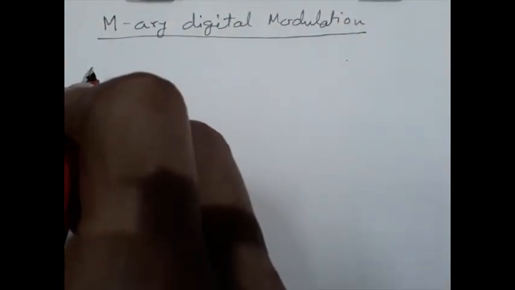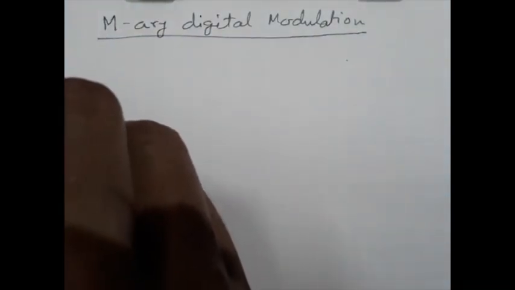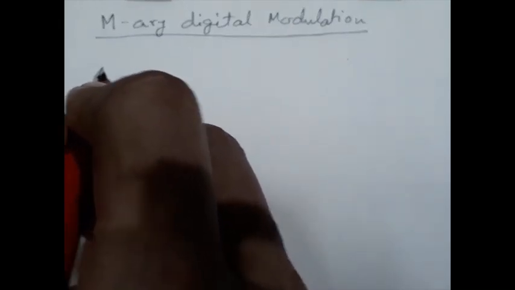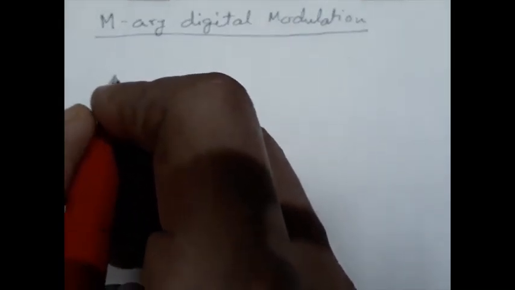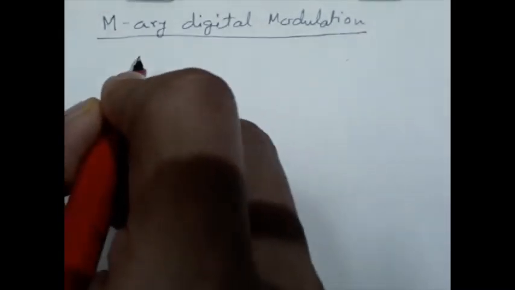Now we can artificially enhance the spectral efficiency of the digital modulation system by transmitting a number of bits in one symbol.